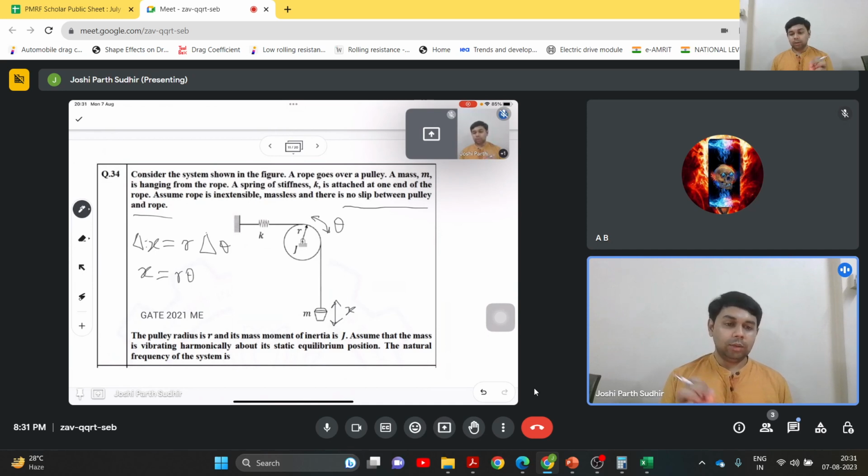This is the first important thing that we should realize, that x is equal to r theta. Then the next step is to draw the free body diagram of each component.